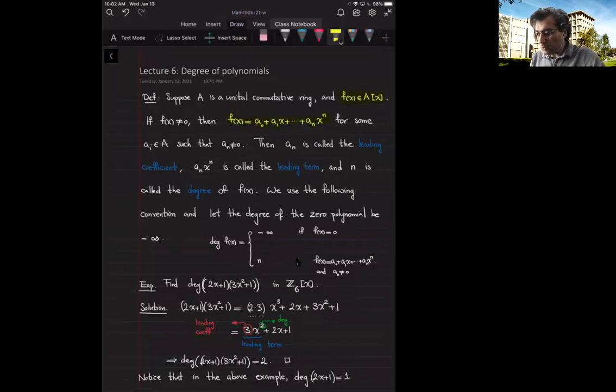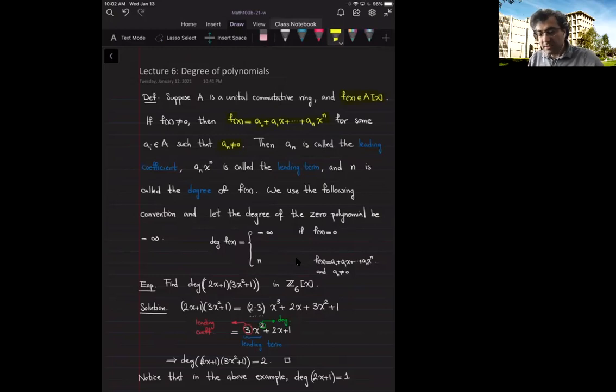So we get to the term a sub n x to the n, where a sub n is not 0. Because I assume the polynomial is not 0, at some point I get a non-zero term, and beyond that all the terms are 0. So I get the largest power of x.